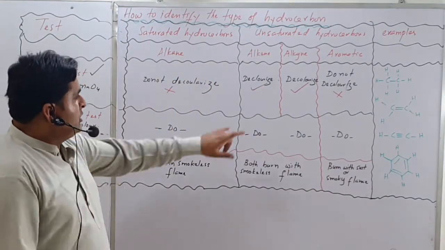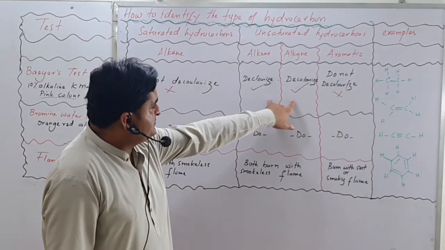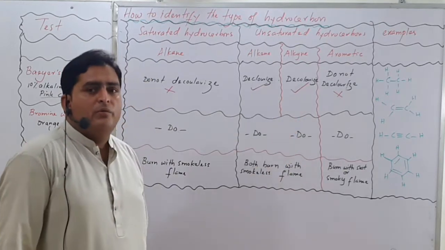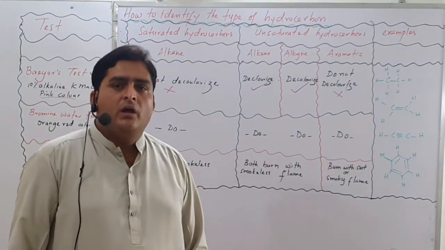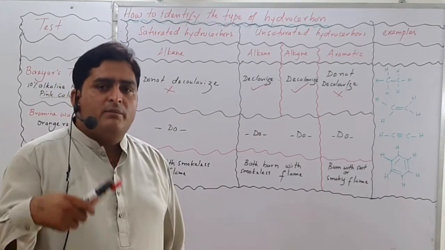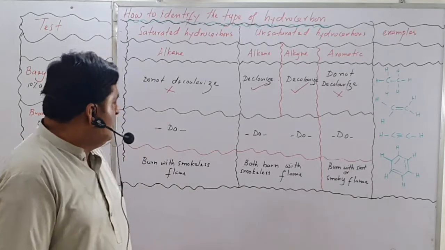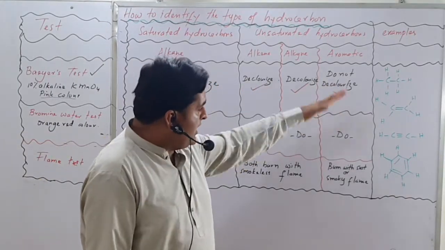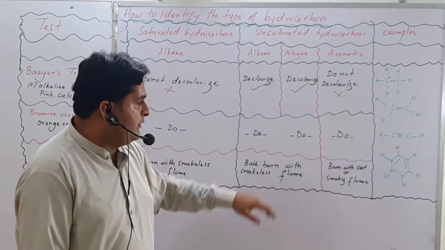Now two compounds will decolorize the Bayer's reagent. So these two compounds may be unsaturated. They may be either alkenes or alkynes. They will be confirmed from further tests. Now alkane and aromatic compounds are distinguished in the following tests.